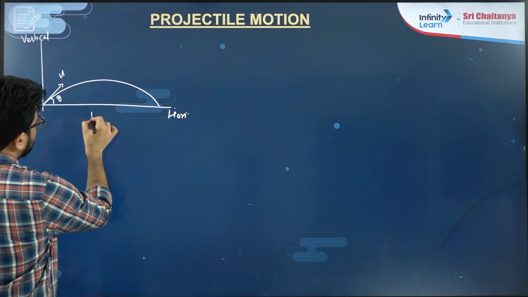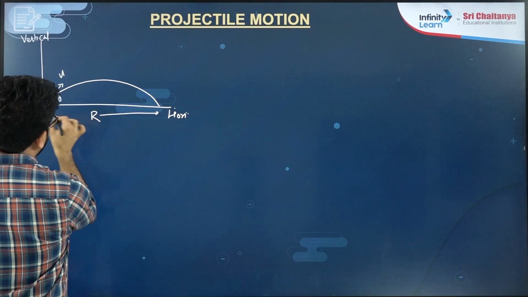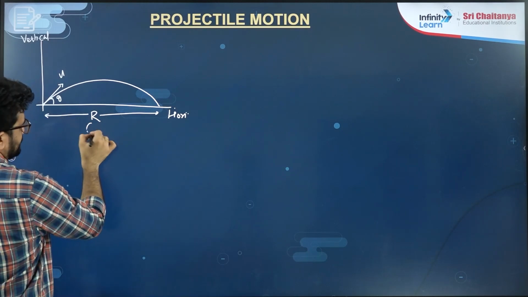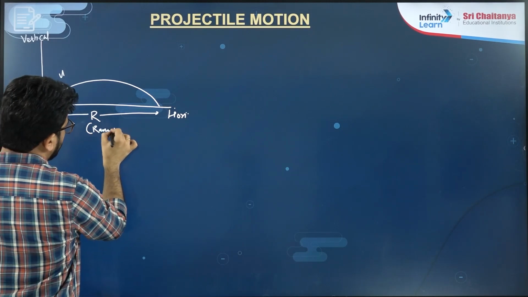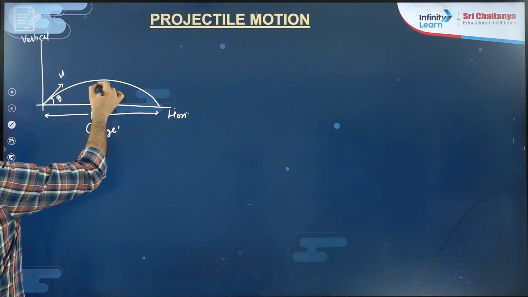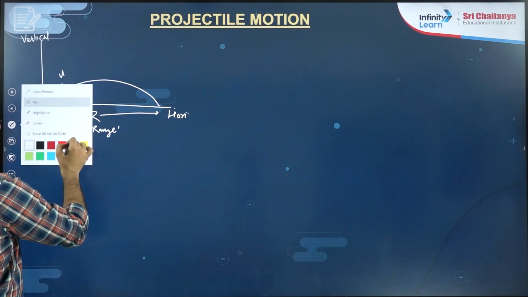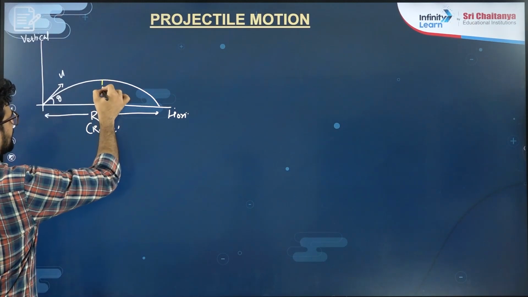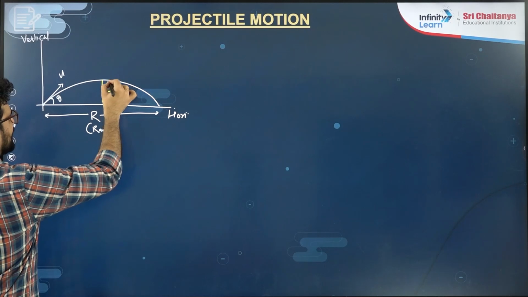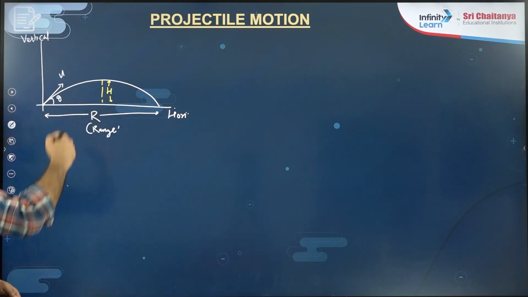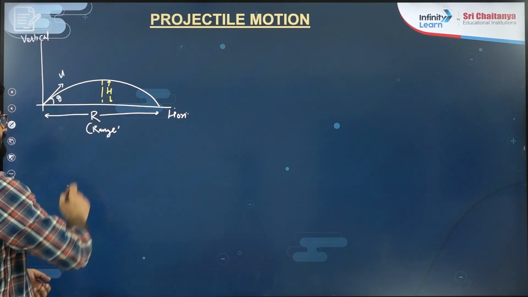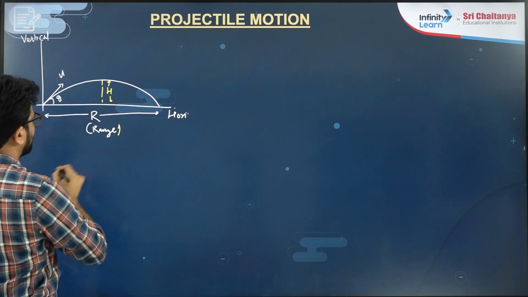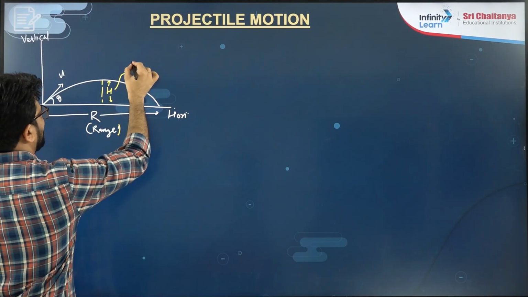This distance along the horizontal we call range. And the maximum distance it covers in the vertical direction, we call maximum height. h is the maximum height.